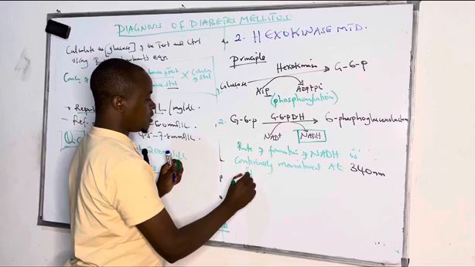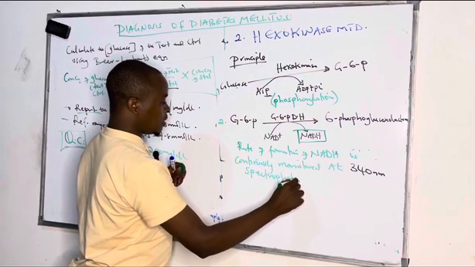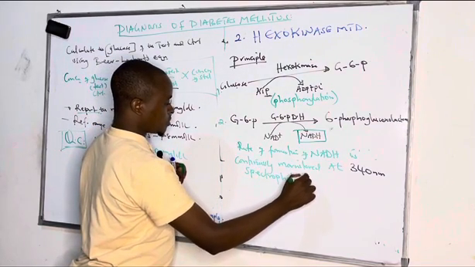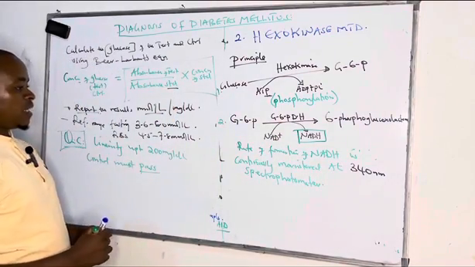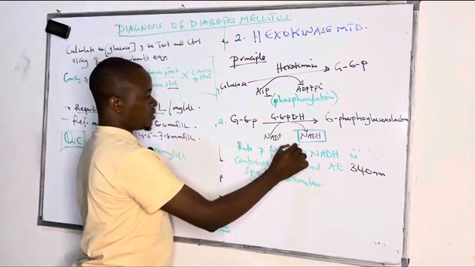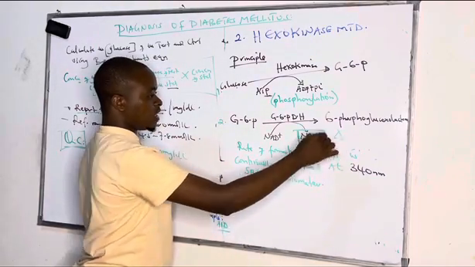This method, being kinetic, uses spectrophotometer. So we use spectrophotometer, and we are measuring the rate or the change.